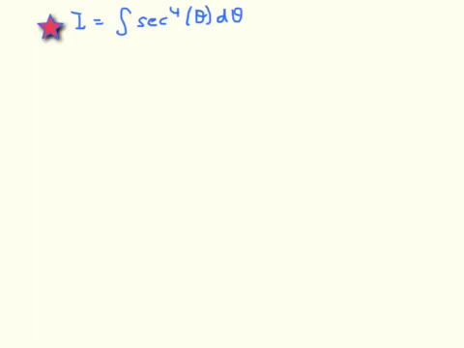Okay, welcome back. So again, what we do now is we think we don't know how to integrate sec to the power 4 of theta immediately, but we do know how to integrate sec squared. So what we're going to do is to write this as a product of sec squared of theta times sec squared of theta integrated with respect to theta.